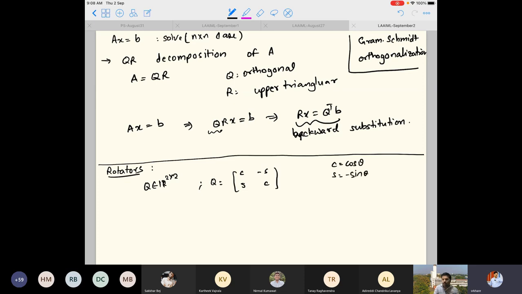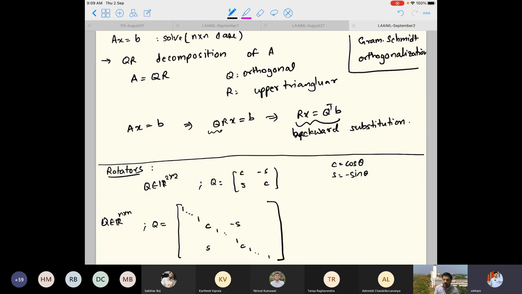Okay, so suppose I write it down in this short form, then for any matrix Q belonging to R n cross n, suppose I write down the matrix Q like this. I have identity here, then I have a C here, then again identity, then I have a C here, then I have an S here, a minus S here, identity and identity.